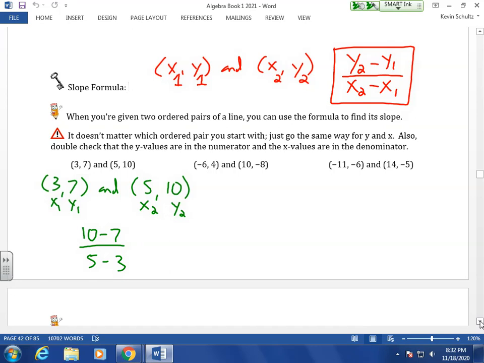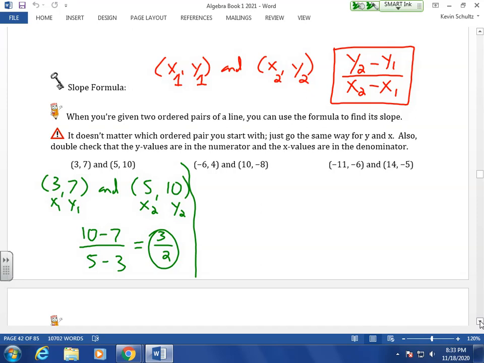So x2 minus x1, 5 minus 3. And that gives me 10 minus 7 is 3. 5 minus 3 is 2. This would be a slope of 3 over 2. So on the coordinate plane, this line increases from point to point by going up the y-axis 3 and over on the x-axis 2. Positive 3 over positive 2.